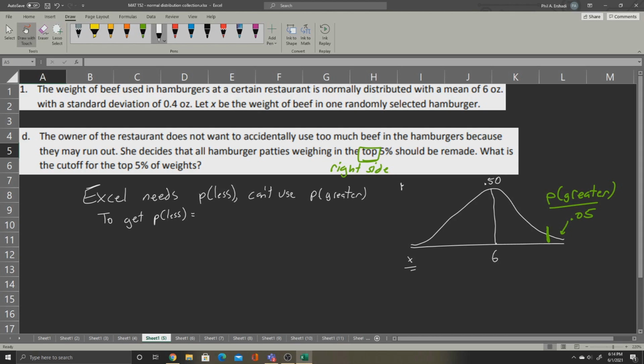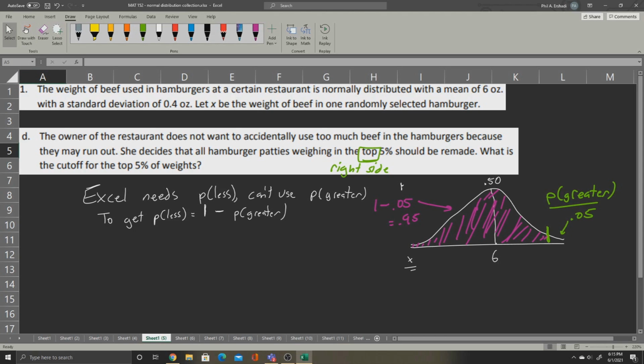Now to get p less, we always take 1 minus p greater. So the area we're actually interested in here is this area I'm marking in purple. This area will be 1 minus 0.05, which is 0.95.